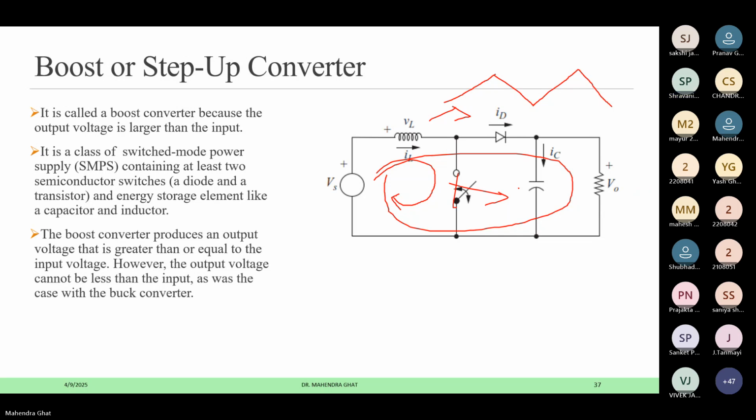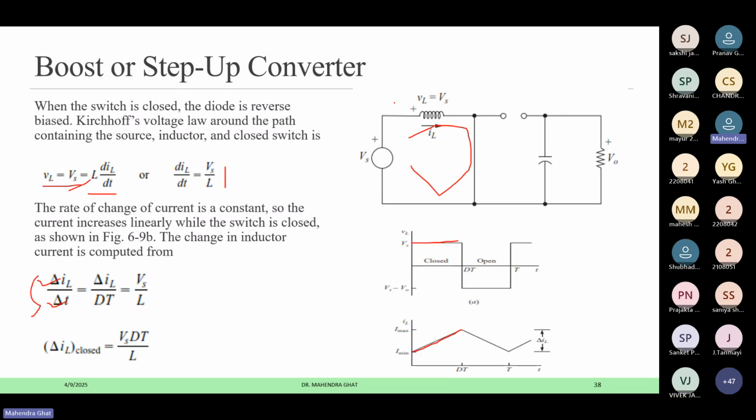Okay, so the same which I explained. Here when the switch is closed, this is the closed path the current is taking, and the voltage across the inductor is Vs. So VL is equal to Vs, which is nothing but L dIL by dt. So dIL by dt is Vs by L. If I take the dt in this direction and integrate on both sides, the change in current when the switch is closed, delta IL close, is the integration of Vs by L dt.